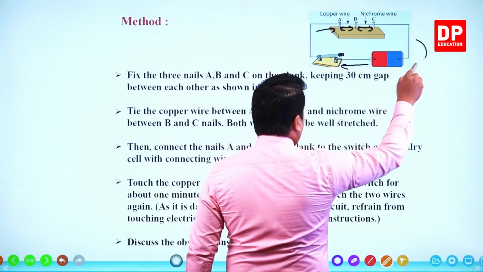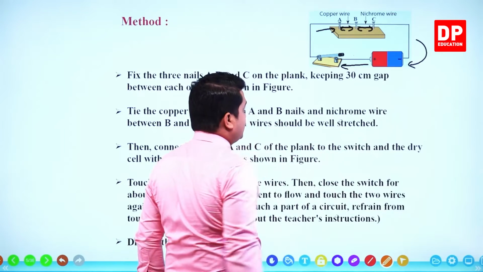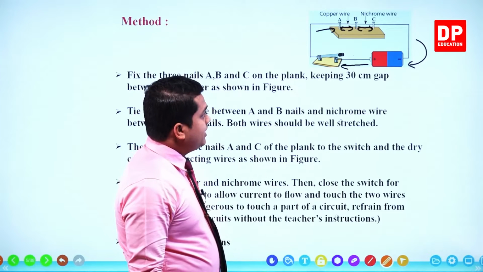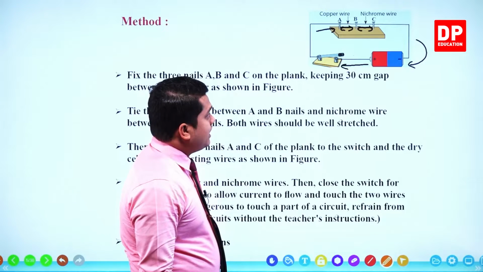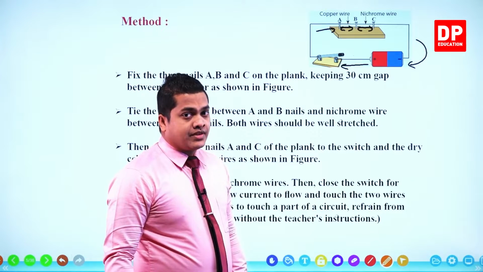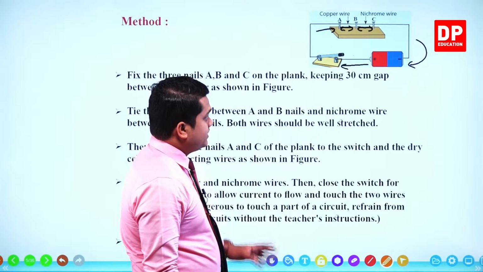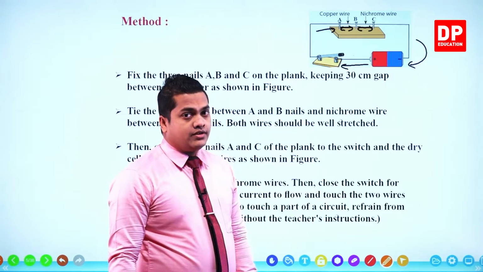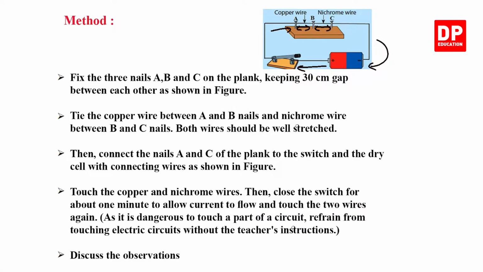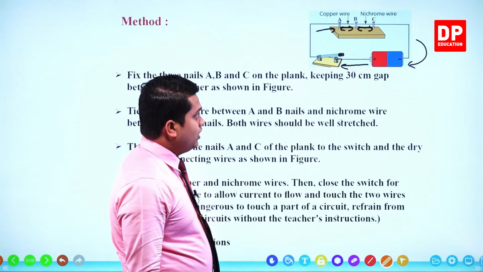So this is how it's going to flow. Electrical charges is going to flow like that, right? It's traveling through the AB terminals, after that through BC terminals which has the nichrome wire, then back home to the dry cell once again. So this is how it's going to work.